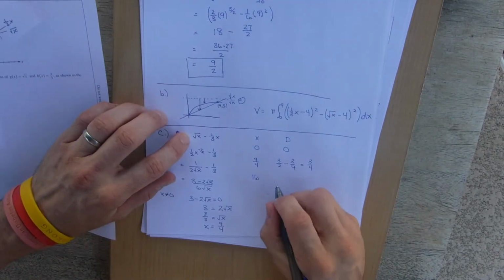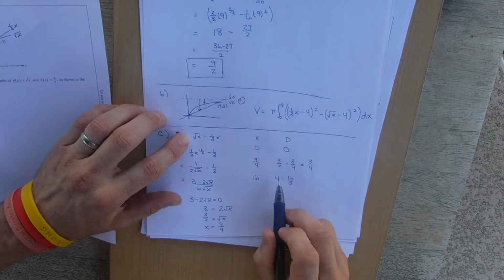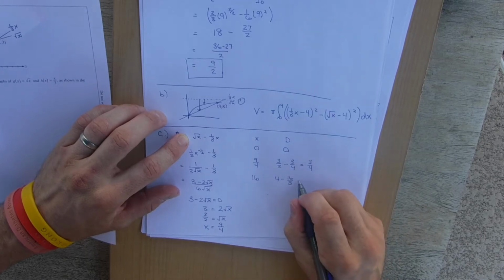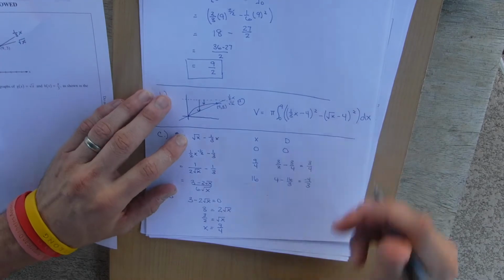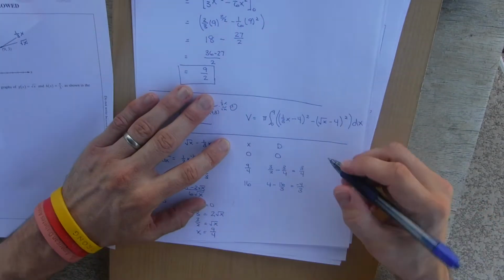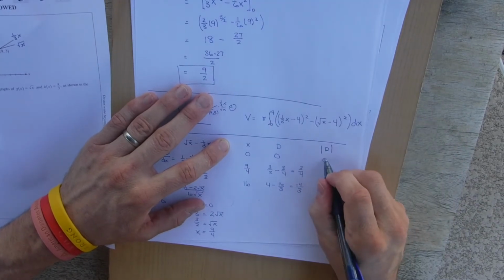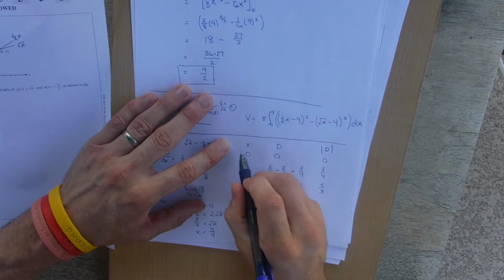And at 16, this would be 4 minus 16 over 3, which is 12 over 3 minus 16 over 3, so negative 4/3. As I said, a distance between two things doesn't matter if it's positive or negative. So the actual distances are 0, 3/4, and 4/3.